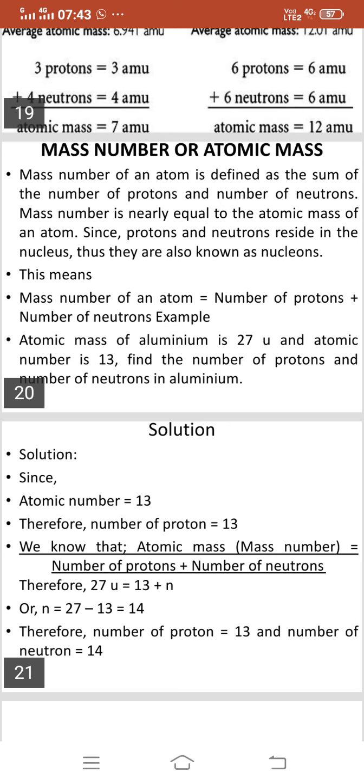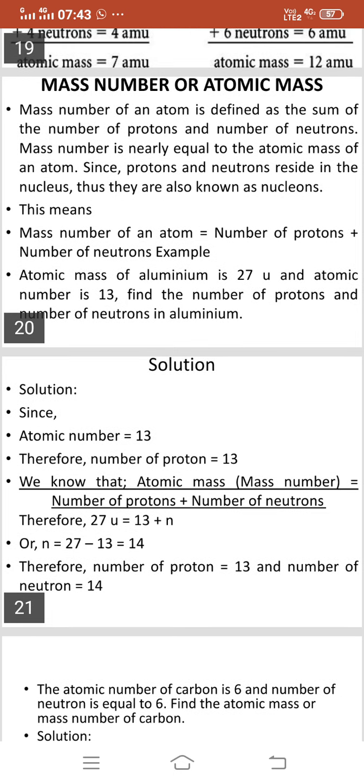Example: the atomic mass of aluminium is 27 U and atomic number is 13. Find the number of protons and number of neutrons in aluminium. Solution: atomic number equals 13, therefore number of protons equals 13.